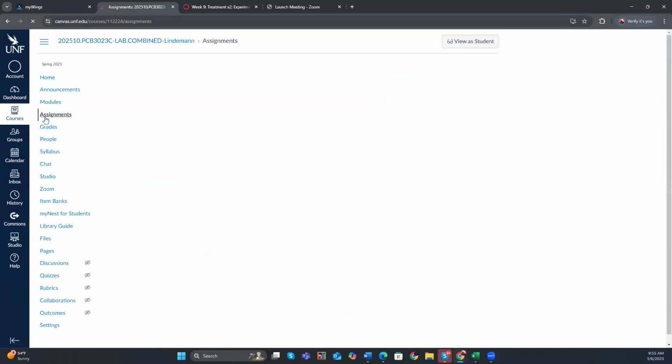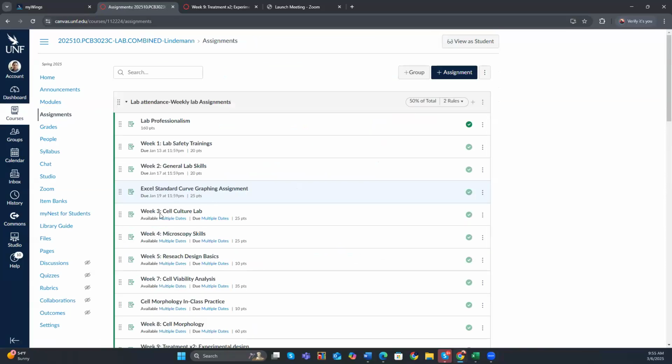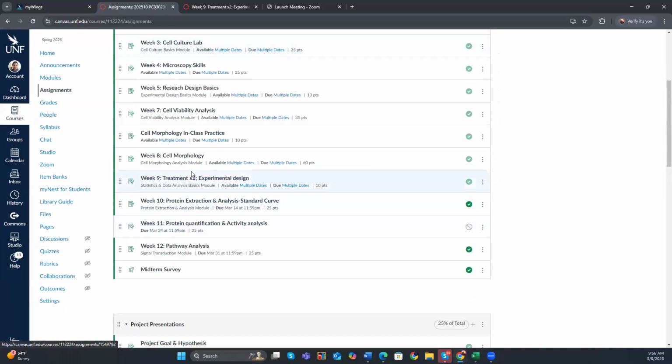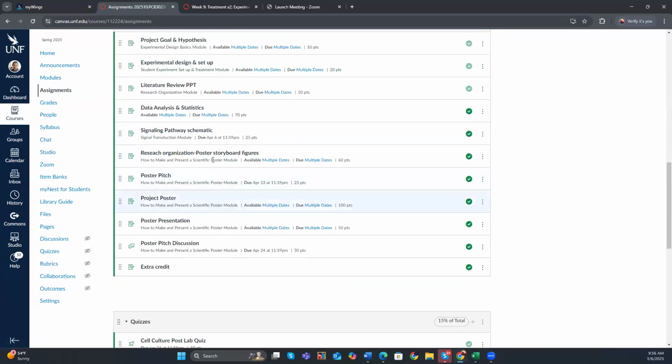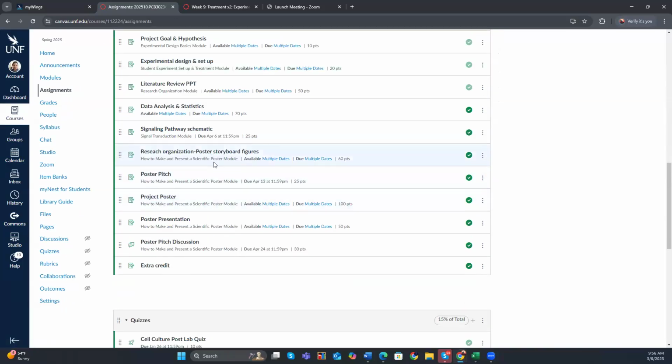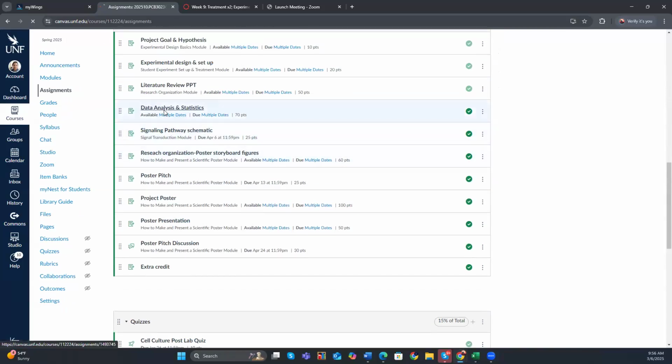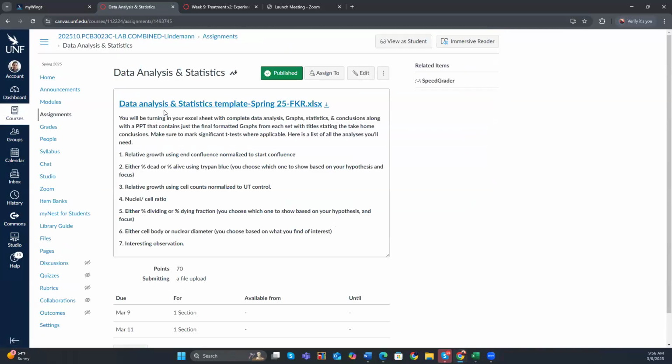And then where we are going to go with this is the assignment for this week, somewhere in here, down here. Data analysis and statistics, this one. And so you're going to download this data analysis and statistics template.